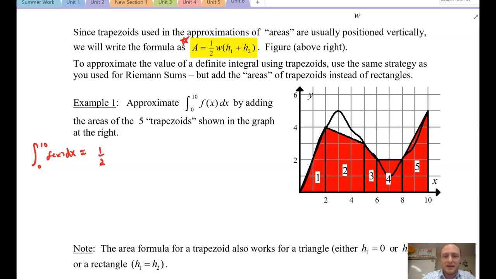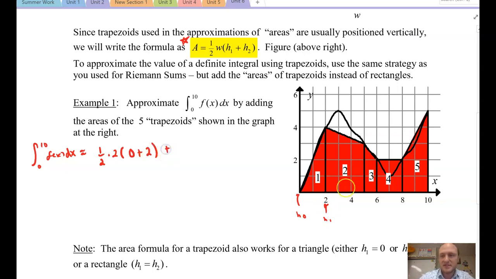So 1/2 times the width, which in this case is 2, times the average of the heights. The first height, for simplicity's sake, I'll call h sub 0. H sub 0 is 0, plus height 2, which is here. I'll call this h1, which is 2.